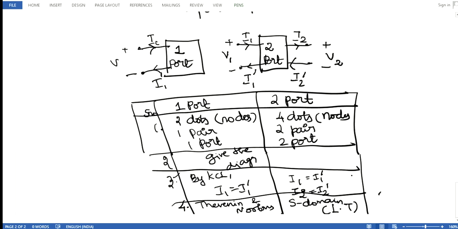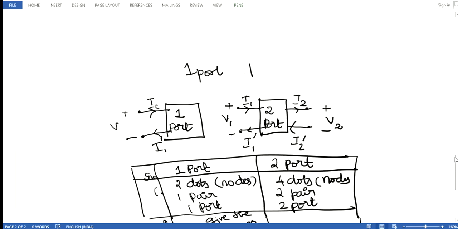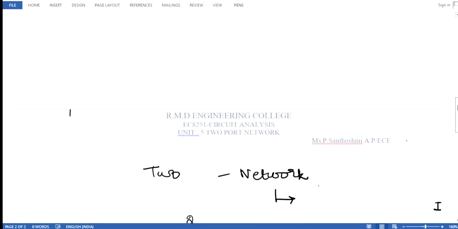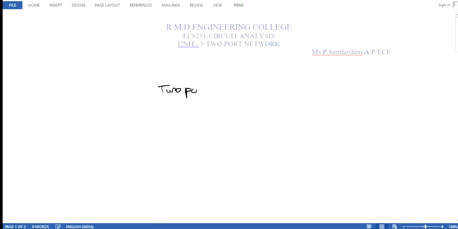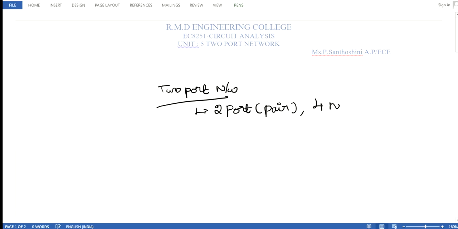So now we can see the concepts, how the parameters come. History of the parameters. So see, listen. The two port network. What are the things we immediately strike in mind? The first point is that it has two ports, or we can call it two pairs of terminals. Very good. And four nodes, or dots. A node is represented by a dot.